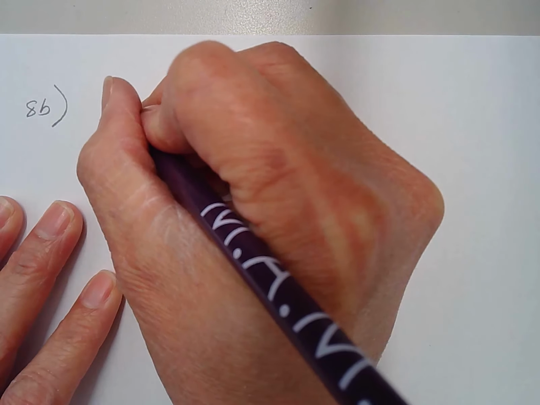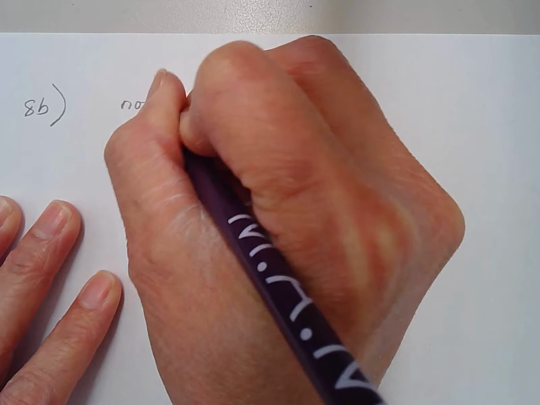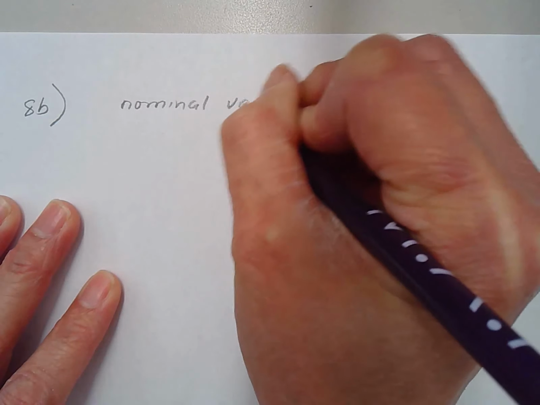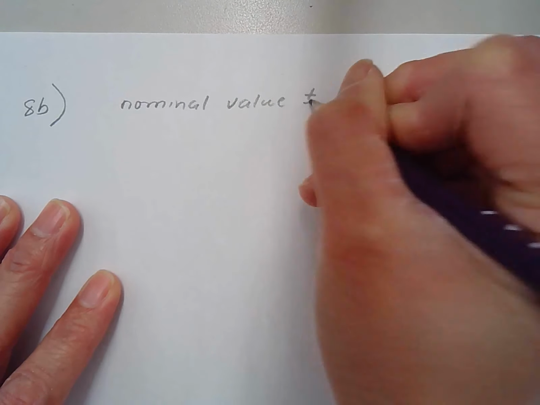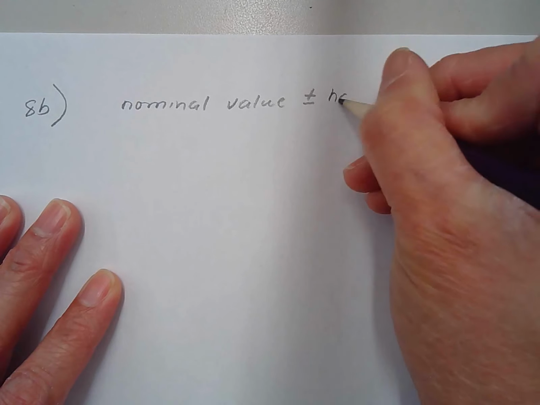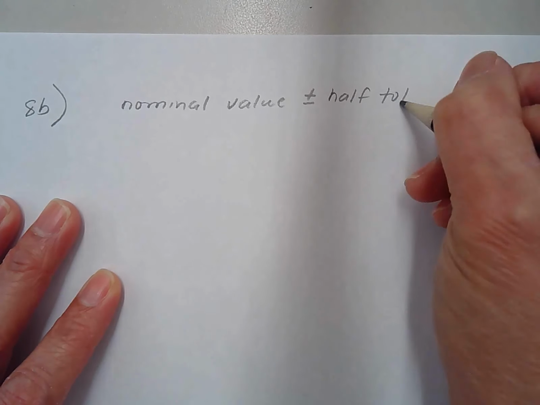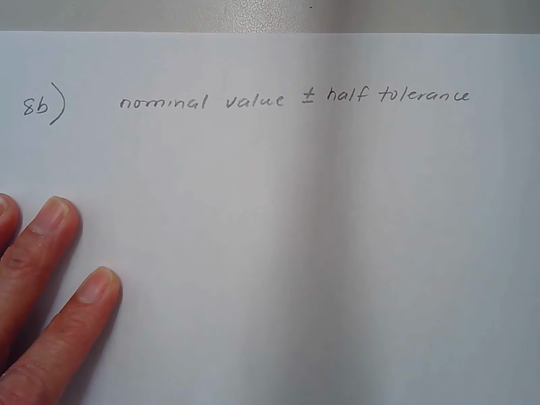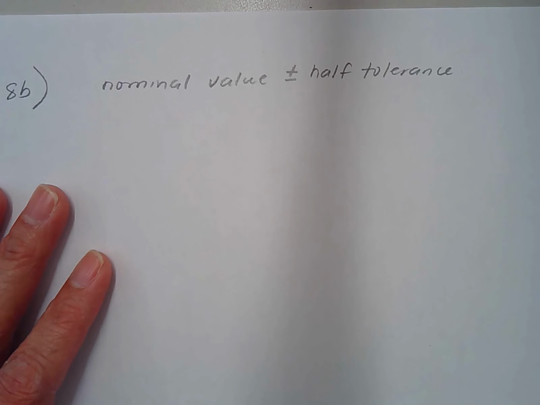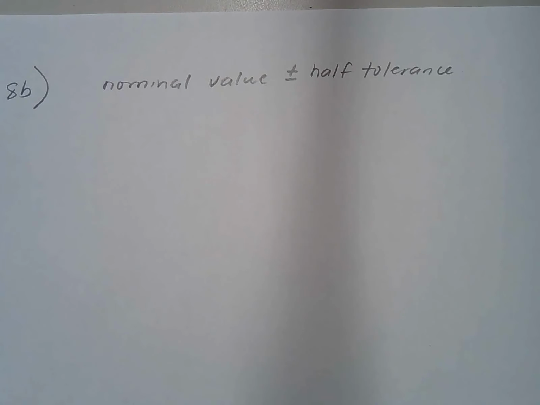Okay, so the different ways of doing that is nominal value plus or minus half tolerance. Half tolerance. Okay, so how do we do that?